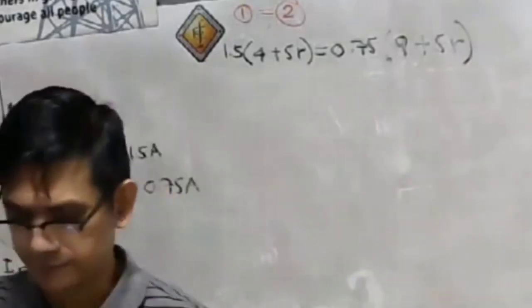Shift solve. 1.5, open parenthesis, we have 4 plus 5 alpha x, alpha close. Then alpha calc, then 0.75, open parenthesis, that's 9 plus 5, then alpha close parenthesis.